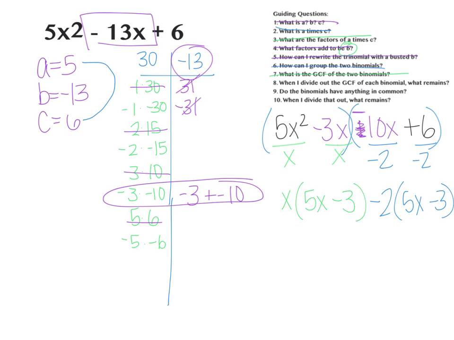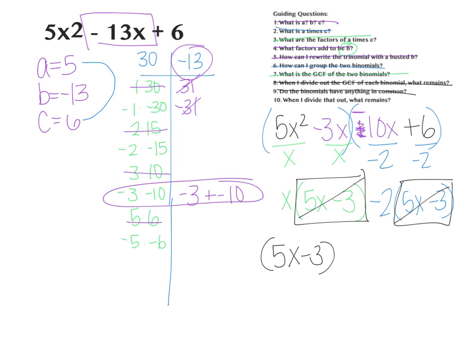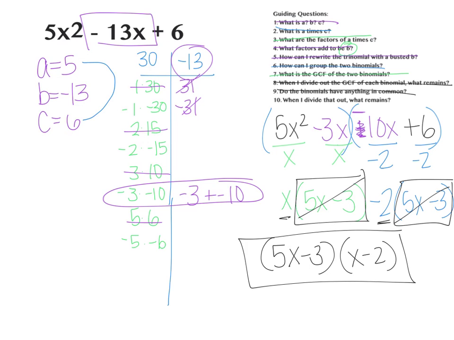And we notice that we are in luck because they share the 5x minus 3. So do the binomials have anything in common? Yes, they do. They share 5x minus 3. So when I divide that out, what remains? X minus 2. And that is my factored version of 5x squared minus 13x plus 6.